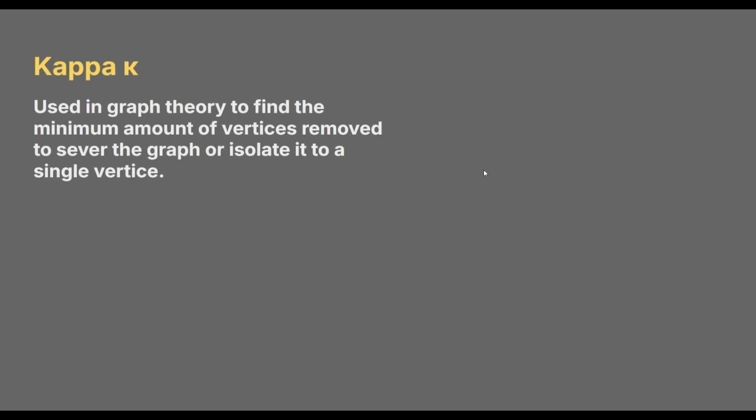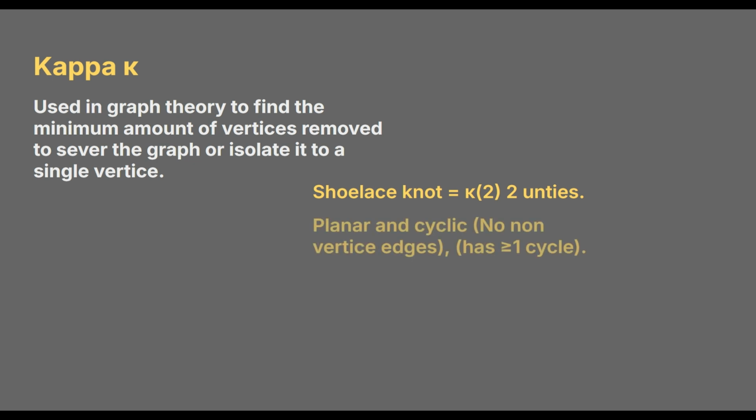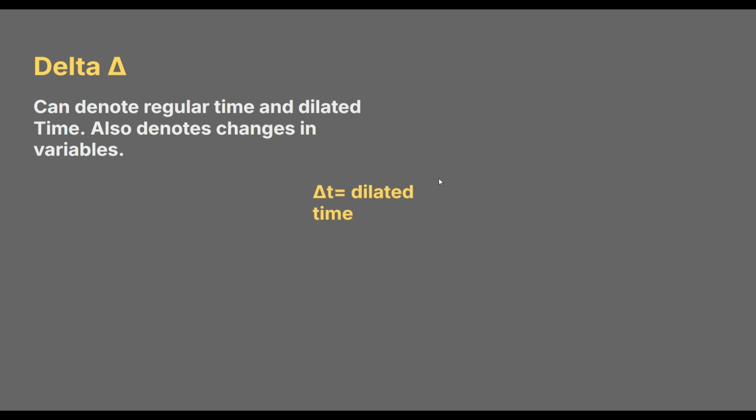In graph theory, this symbol is used to find the minimum number of vertices removed to sever the graph or isolate a single vertex. Delta denotes time dilation in regular time and dilated time. It also denotes changes in variables.